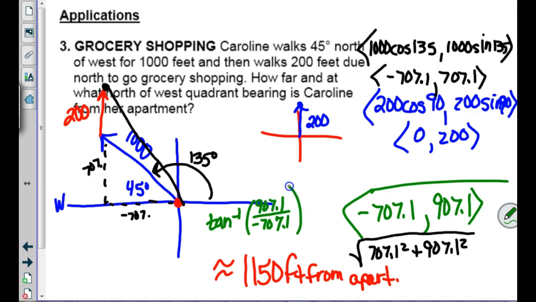Oh, this is going to be a struggle, guys, because it's going to give us a quadrant 4 answer. I'm going to get negative 52 degrees.